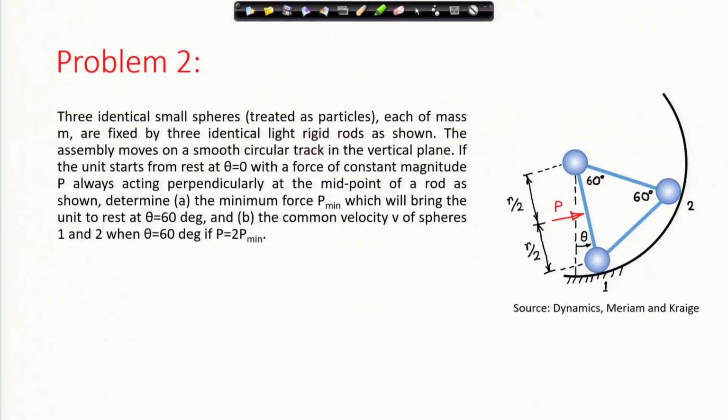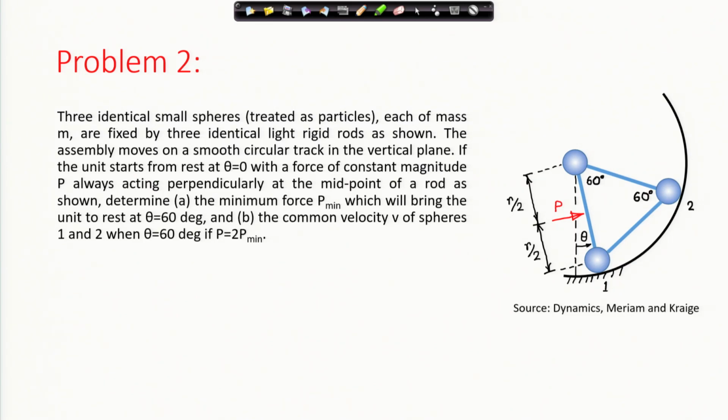Let us look at an example. Three identical small spheres which are to be treated as particles, each of mass m, are fixed by three identical light rigid rods as shown. The assembly moves on a smooth circular track in the vertical plane.